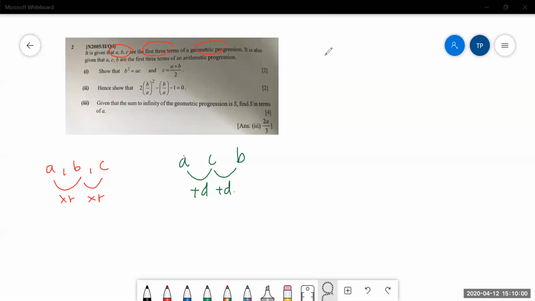Okay, so now we need to look at part one. Part one says to show that B squared equals AC. You want to try?